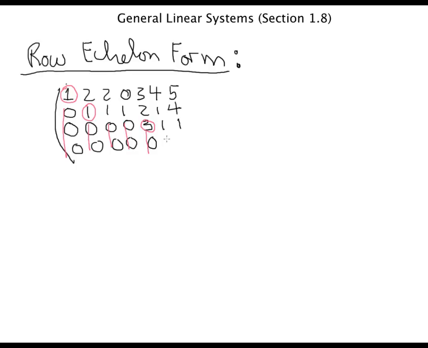And now we're allowed to have a non-zero entry here, so for example, it could be 4 and then 1. And so these numbers here are called the pivots. 1, 1, 3, and 4 are the pivots. And this matrix is in row echelon form.